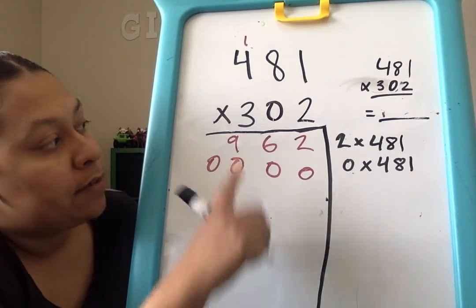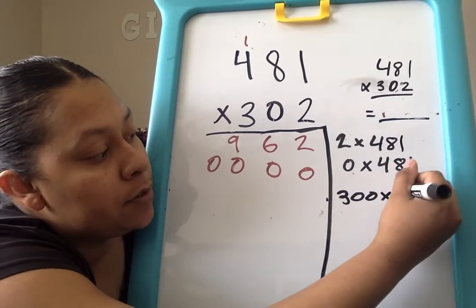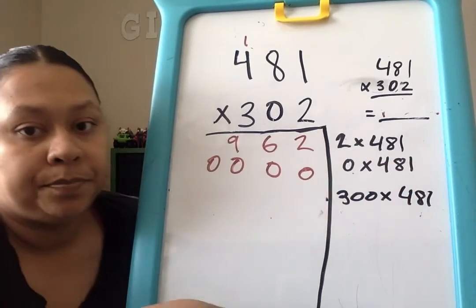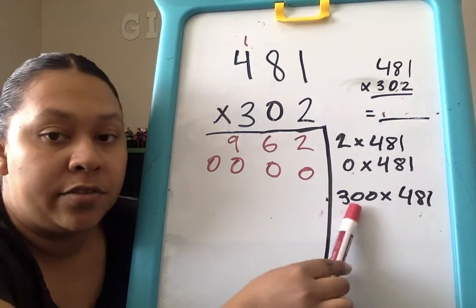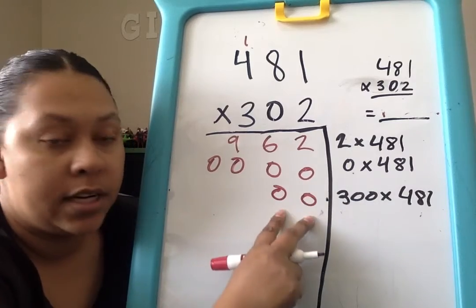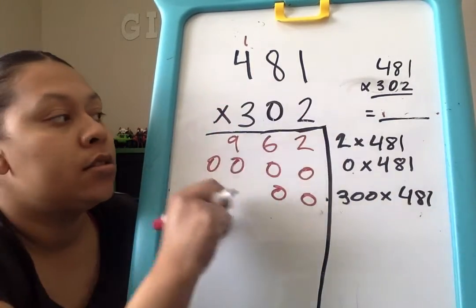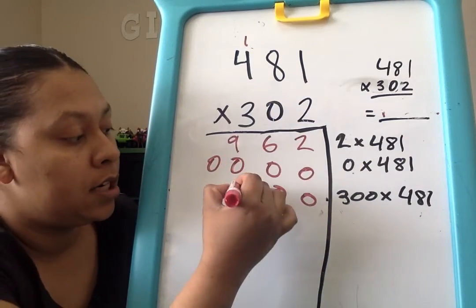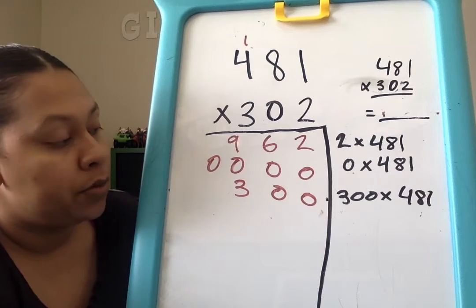So now we have 300 times 481. So now we know there's 2 powers of 10 in 300, so plug in your 2 powers of 10 first, here and here. And then you can do 3 times each digit. So 3 times 1 is 3. 3 times 8 is 24.